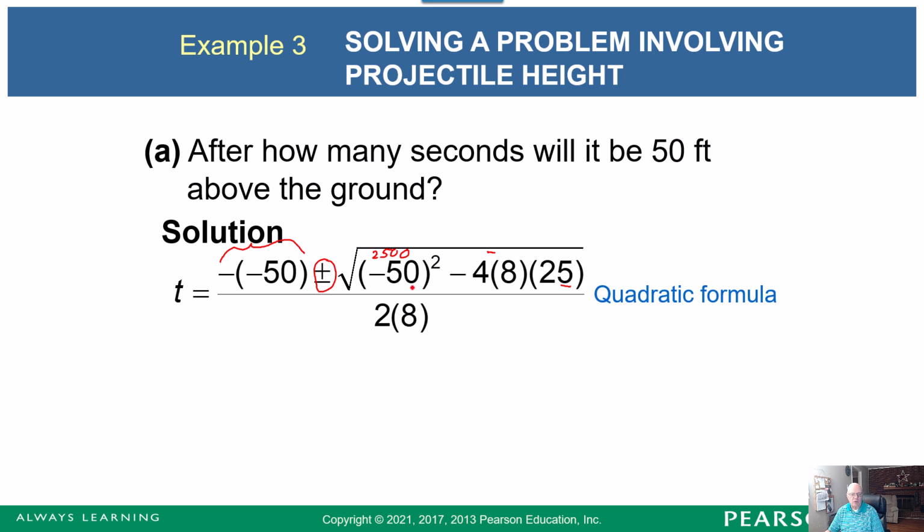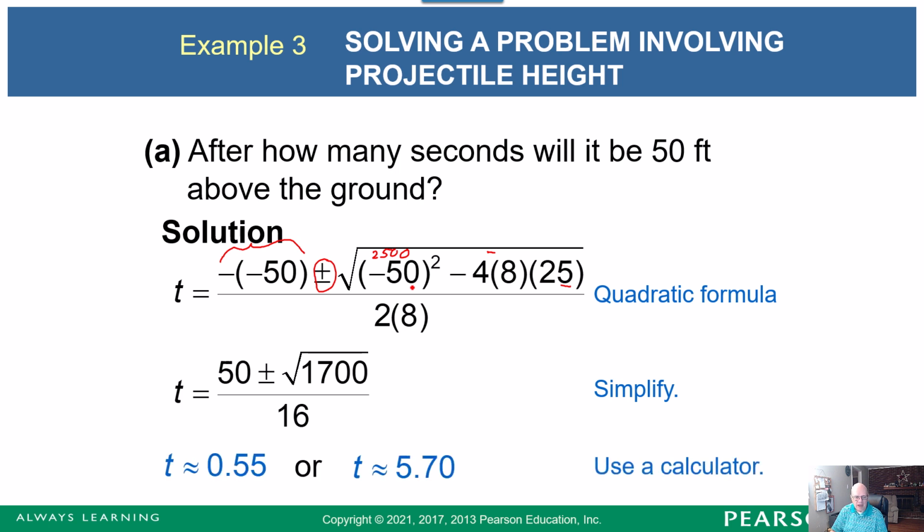And just put the rest in your calculator perhaps, or solve it by evaluating each part individually. You've got 1700 inside the square root, and you definitely need a calculator for that. You actually get two results.